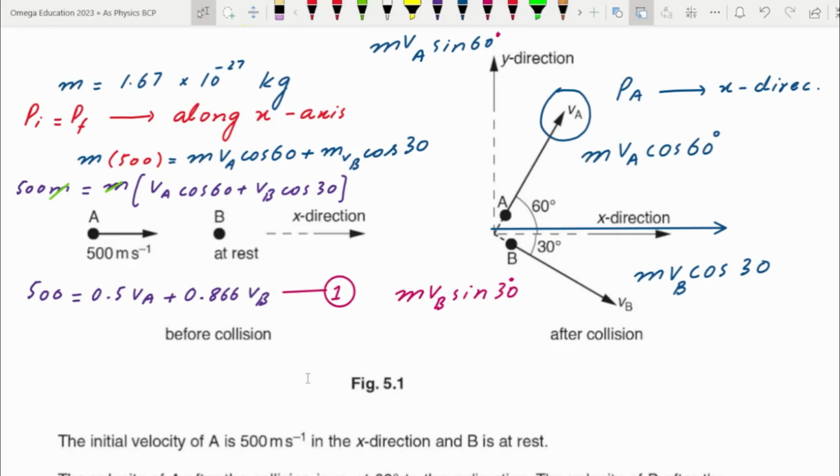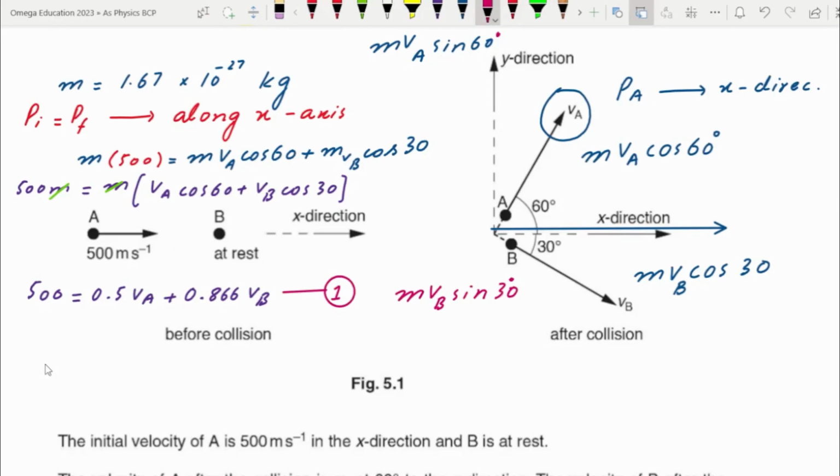If something is horizontal, if a vector is horizontal, its vertical effect would be 0, and if something is vertical, its horizontal effect would be 0. Now let me ask the same question again. What is the total initial momentum along y-axis before collision? Initial means before collision. 0.